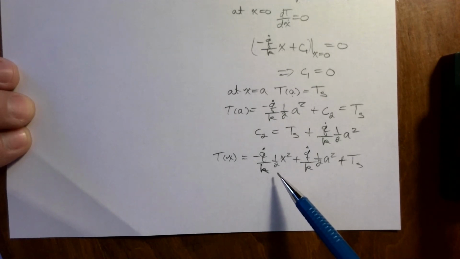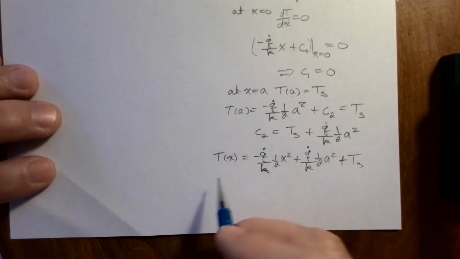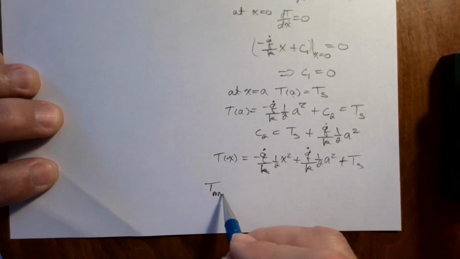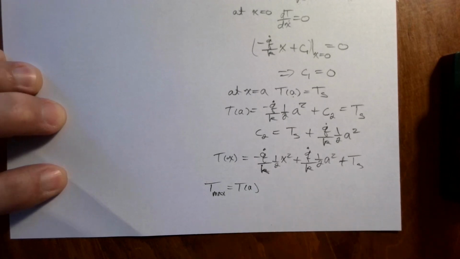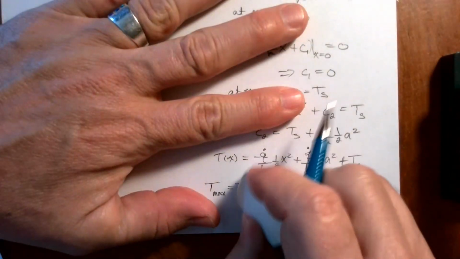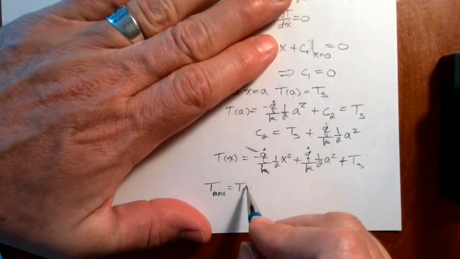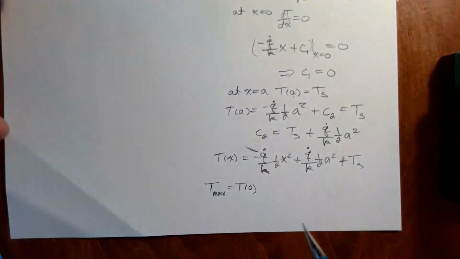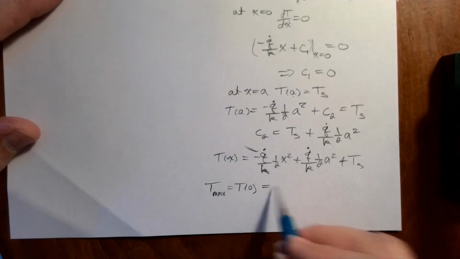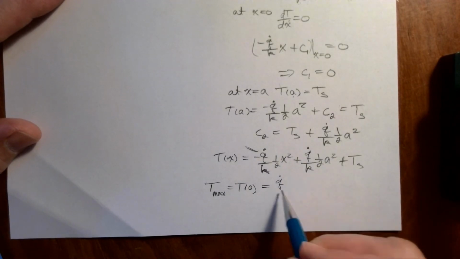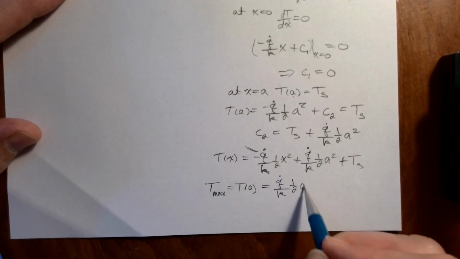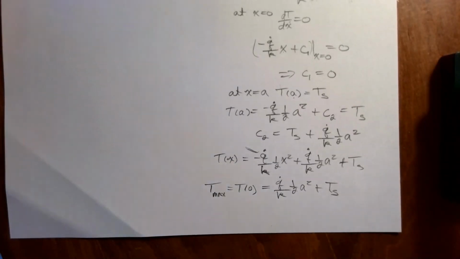The maximum value occurs at x equal to 0, not at A, at 0, on the left hand side where the maximum occurs. T max equals T at 0. So that's equal to that C2, or this: Q dot over K times 1/2 A squared plus TS.